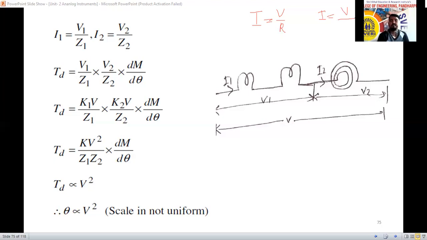Yes, you all are diploma students, direct second year students. You should know this one at least. Have you heard the name of impedance?